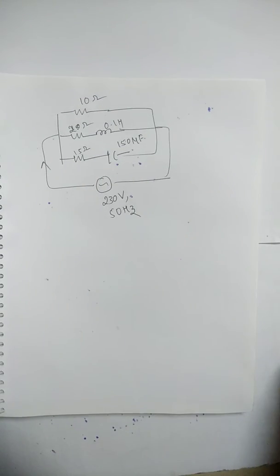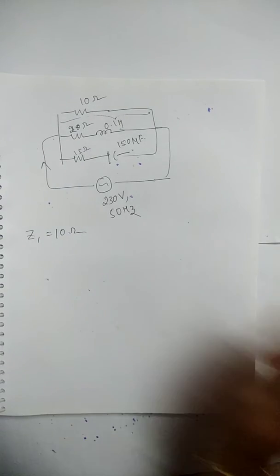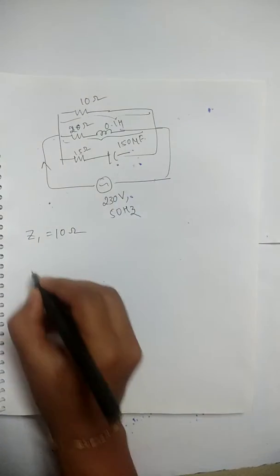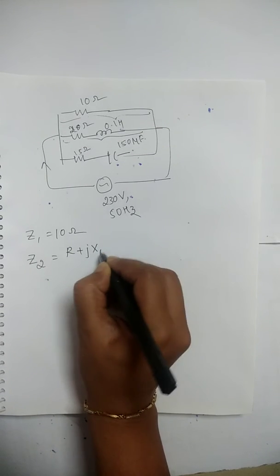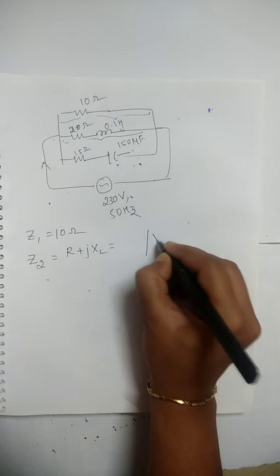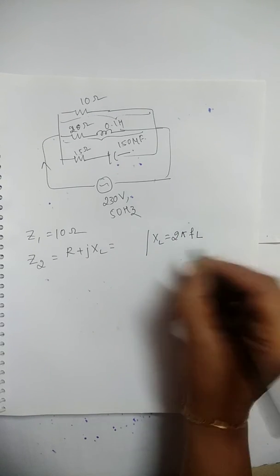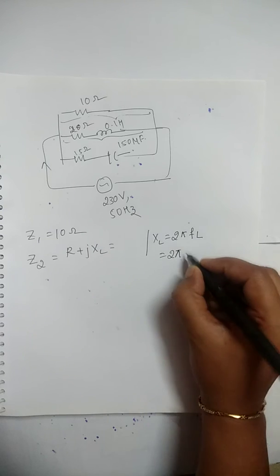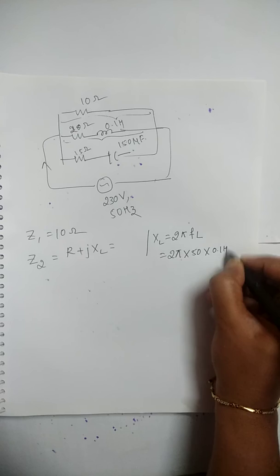Okay, let's calculate. As we told, for the first branch Z1 we can directly take it as 10 ohm. Next, second branch Z2 is equal to R plus jXL. Calculate XL first. XL is equal to 2 pi FL. 2 pi is a constant term, F is 50 hertz, L is 0.1 Henry.